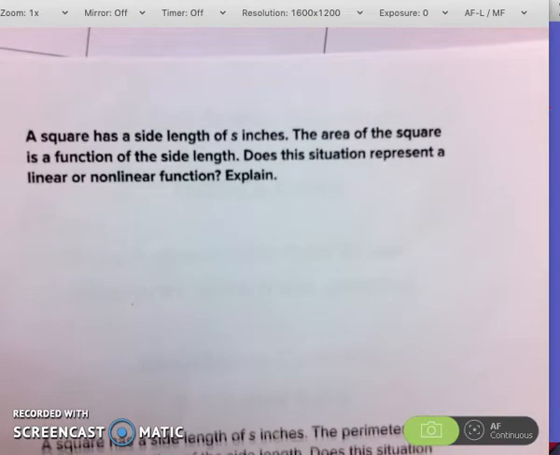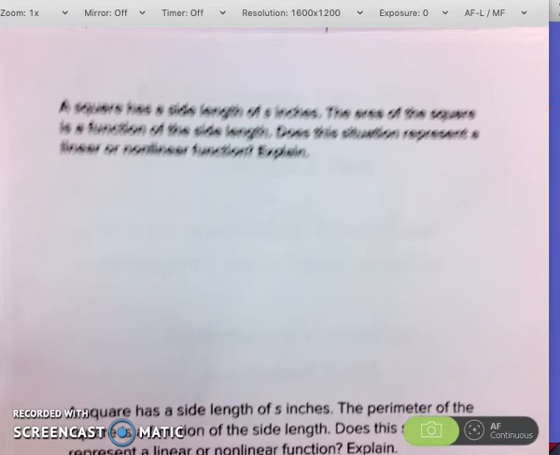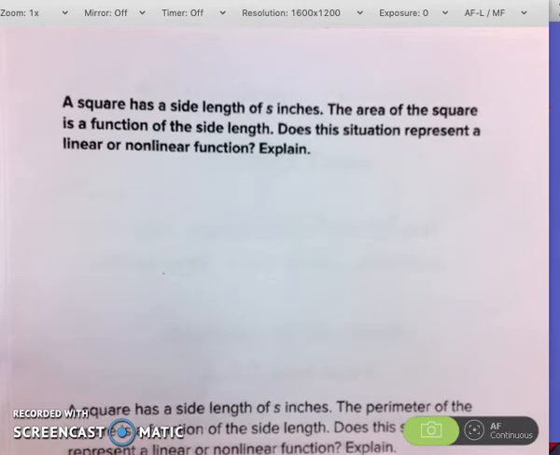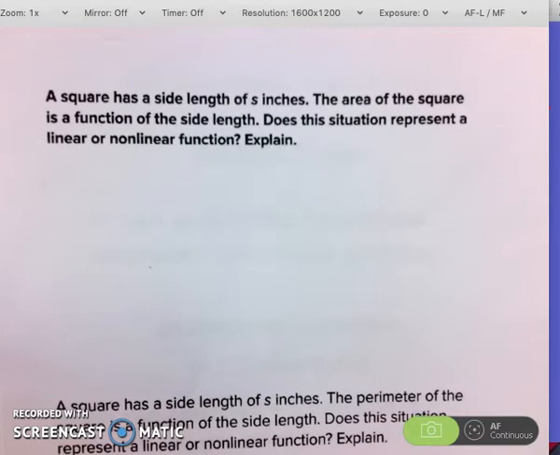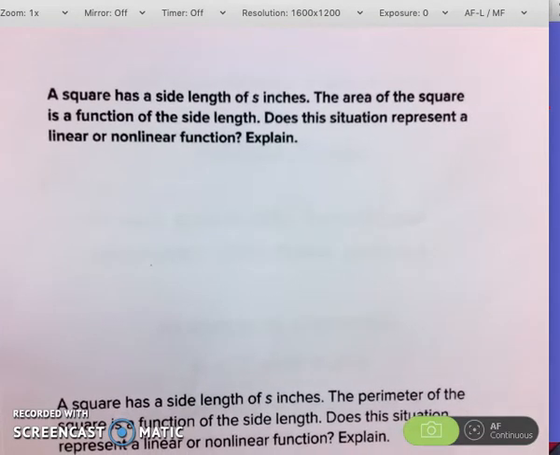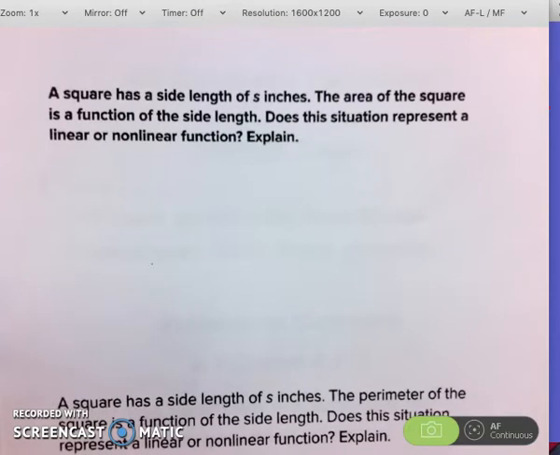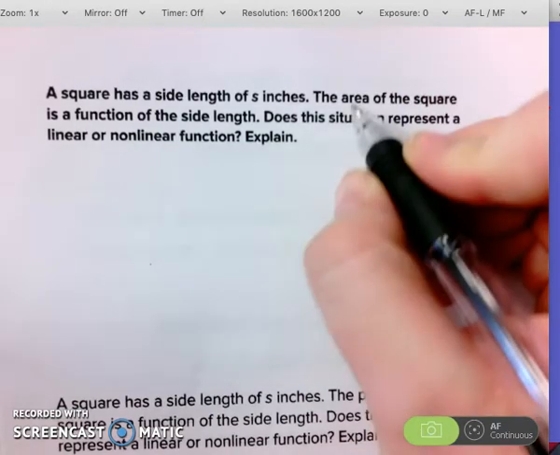Alright, a square has a side length of s inches. The area of the square is a function of the side length. Does the situation represent a linear or nonlinear function? So what we're going to do is create an equation.